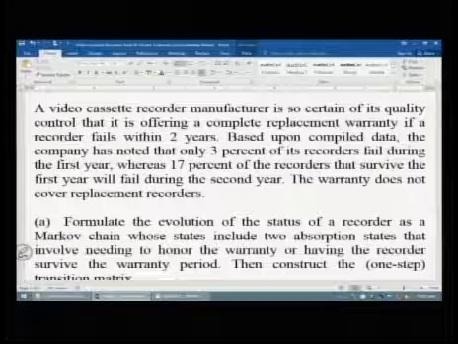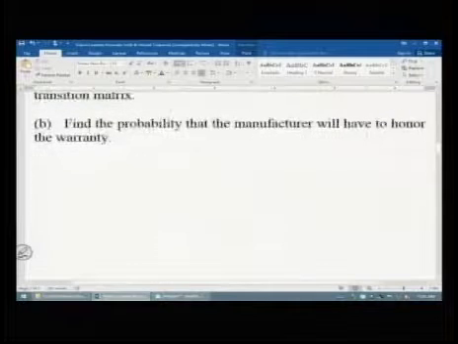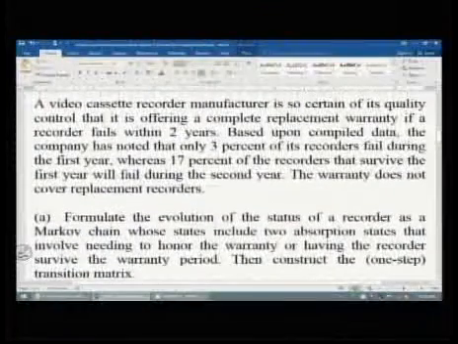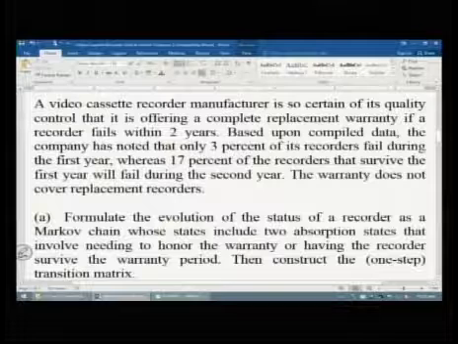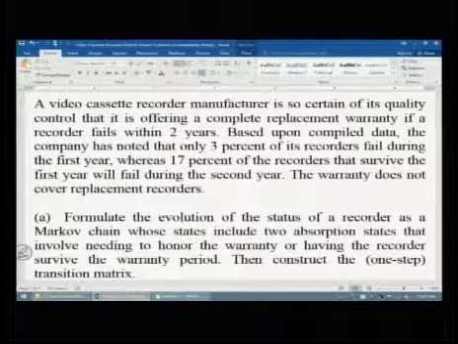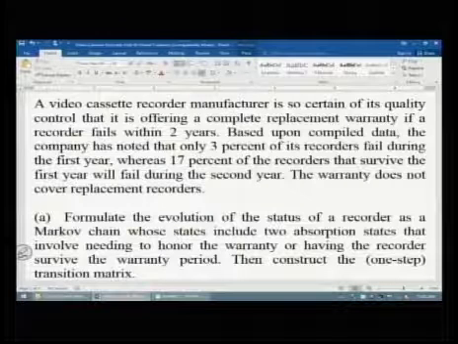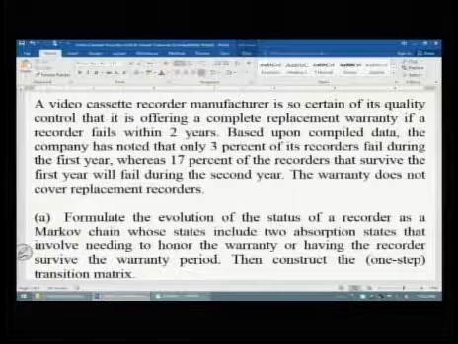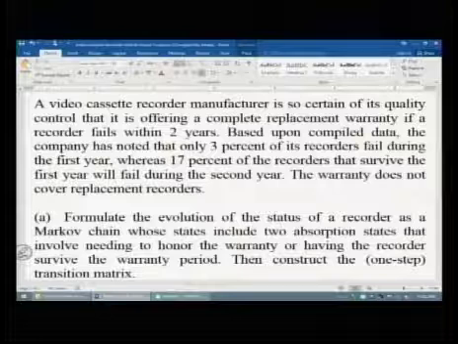Okay, now we are required to formulate the evaluation of the status of a recorder as a Markov chain whose states include two absorption states that involve needing to honor the warranty or having the recorder survive the warranty period.